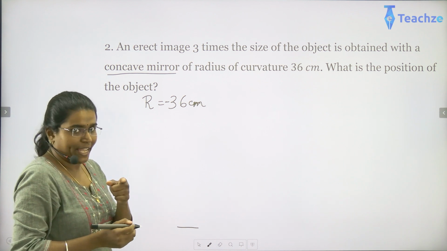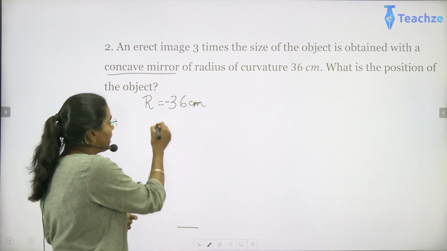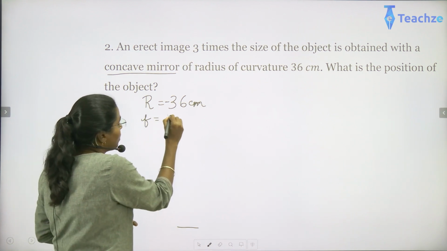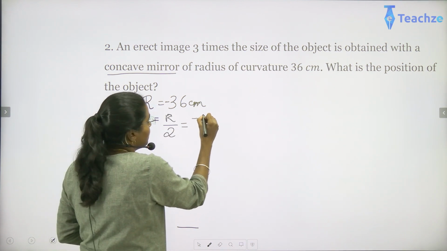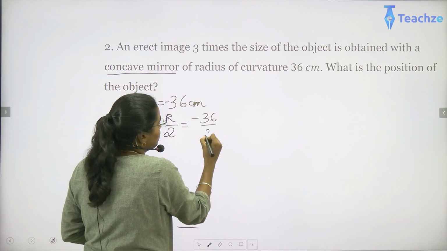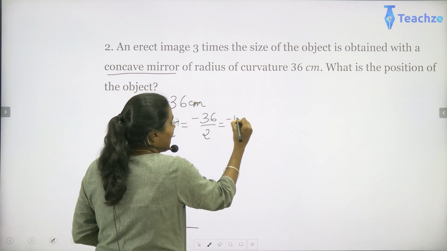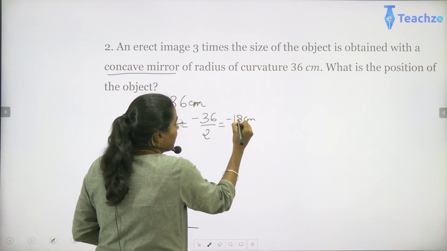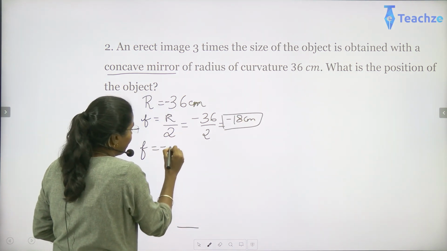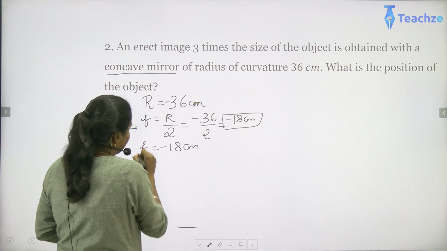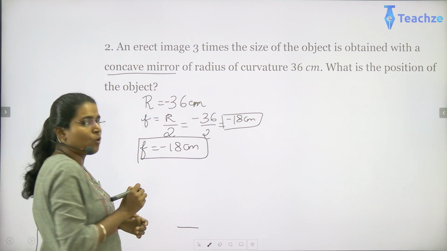Good, you can find out F. R is 2F, so F is equal to R by 2. So it will be minus 36 divided by 2, which is minus 18 centimeter. So your F is minus 18 centimeter. You have found your focal length.